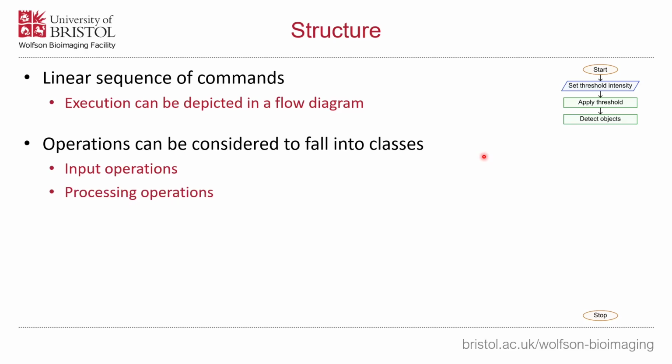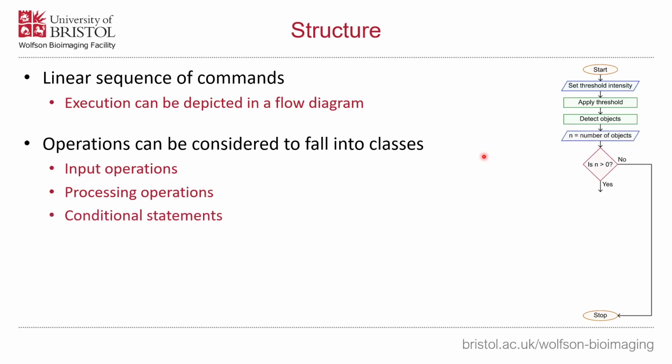Next, we're going to have processing operations. In the context of our workflow here, we've now binarized our image using the apply threshold and then detect objects, or analyze particles, as it's called in ImageJ. Those would be examples of processing operations. We also have conditional statements. For example, here we are looking at another input, which is now measuring the number of objects that have been detected in that previous processing step and assigning it to a value n.